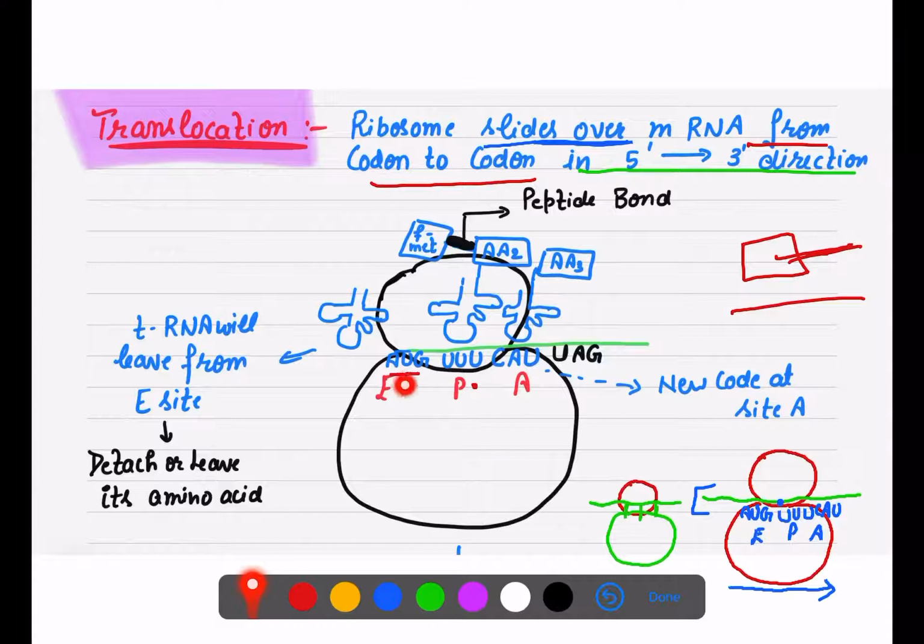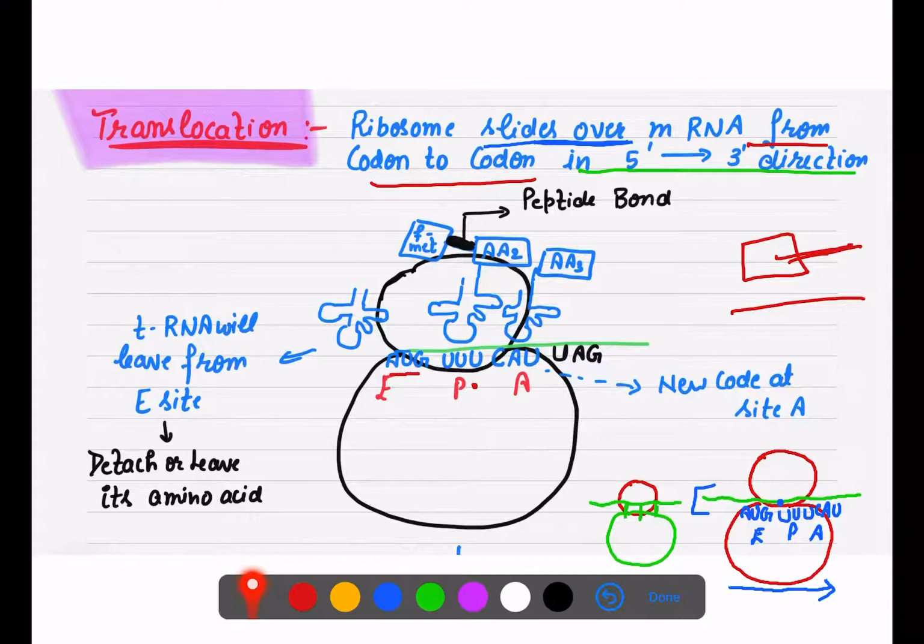Now when this AUG reaches the E site, the tRNA will leave, and this methionine will form a peptide bond, because UUU, the second amino acid, will form a peptide bond with the amino acid 2.